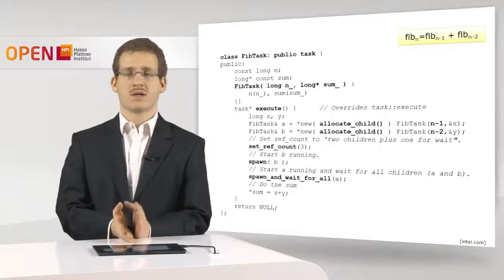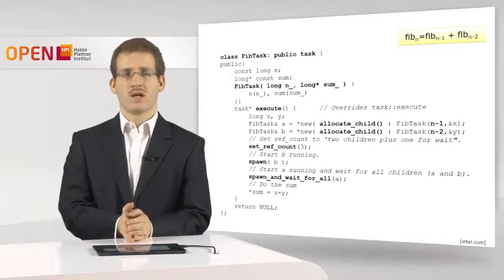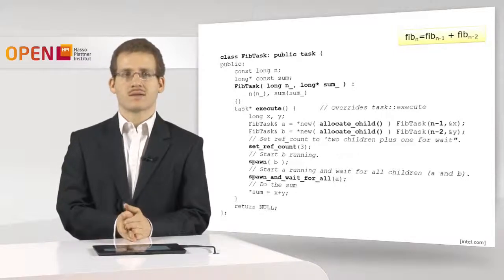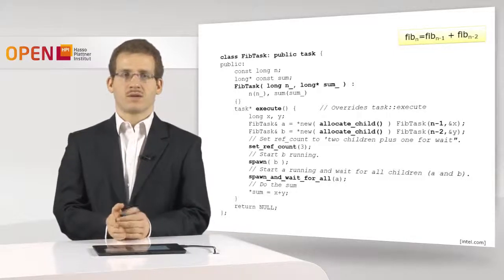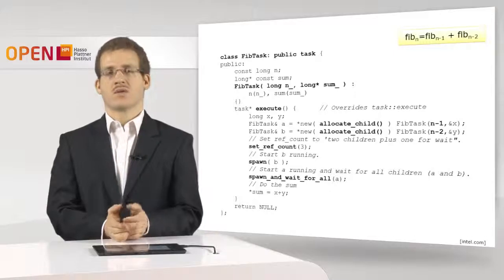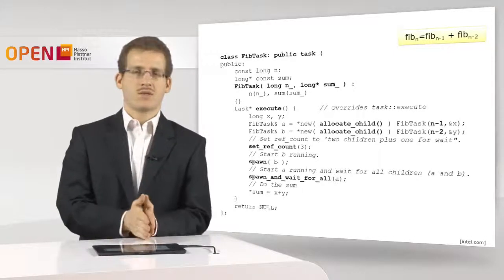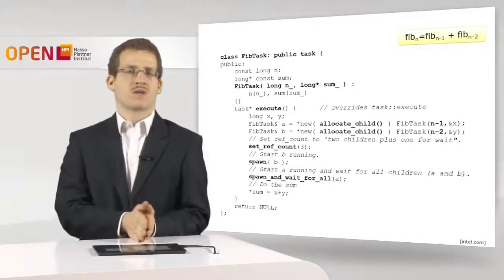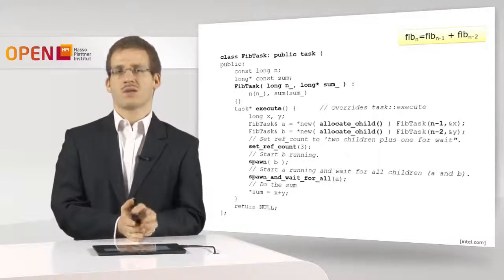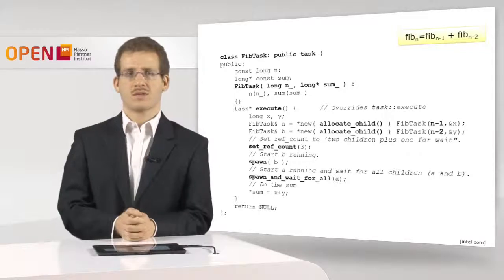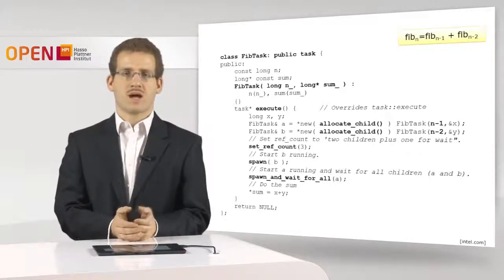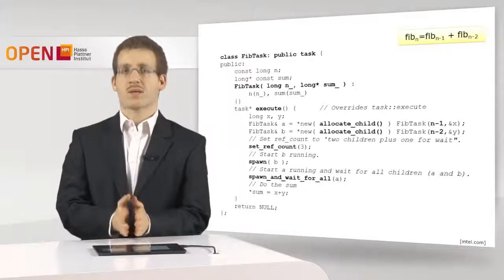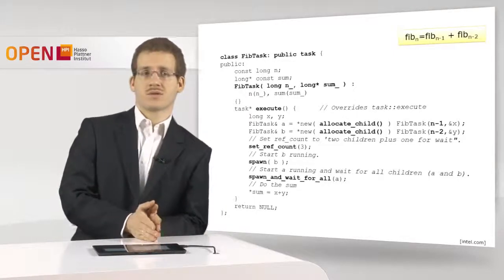You see here the allocate child operation, which is defined as part of the task class, and this allows you to define that you now want to run a concurrent activity. The TBB runtime library will then decide how to deal with that in terms of tasks and threads. You just declare that you want to have a concurrent activity here, and then you rely on the management capabilities of the implementation to actually parallelize this to your particular execution resources.